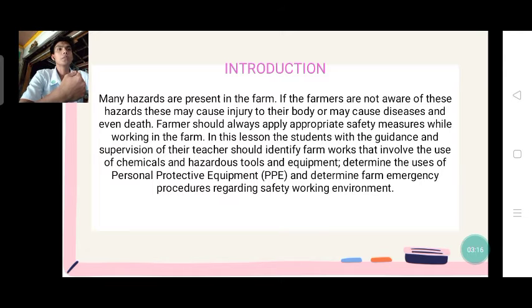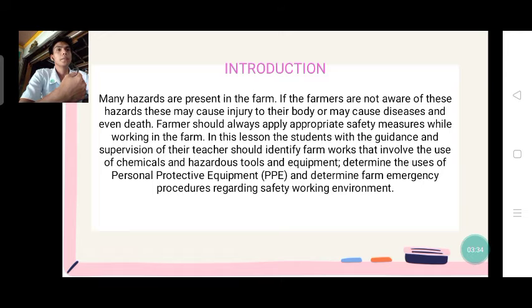Then, farmers should always apply appropriate safety measures while working in farm. So, that is what we need in the farm, to apply what we really should be doing.